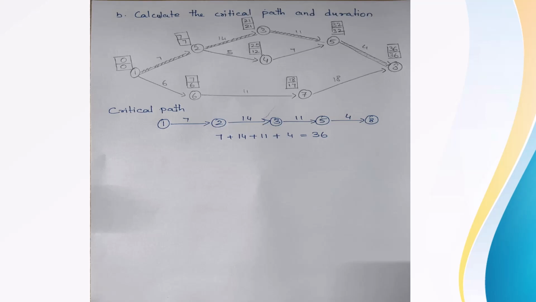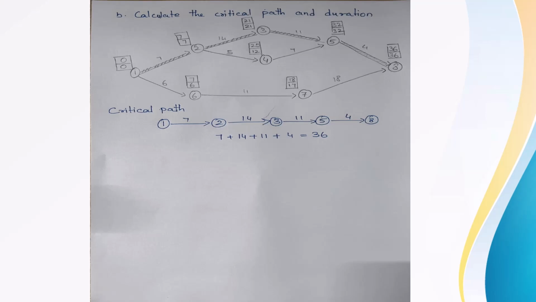Once you find the EST and LFT value for all the activities, you have to consider the activities where EST is equal to LFT. So what are those activities? Activity 1, 0 and 0. Activity 2, 7 and 7. Activity 3, 21, 21. Activity 5, 32, 32. Activity 8, 36, 36.